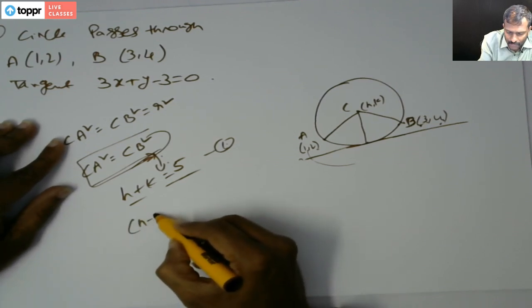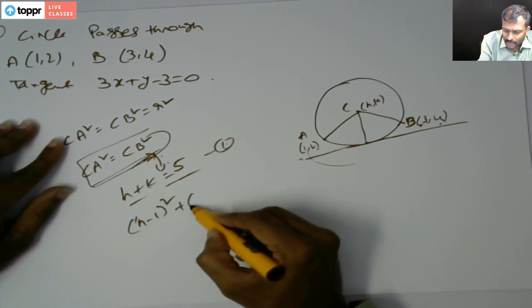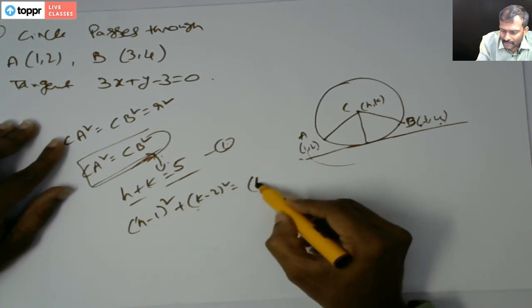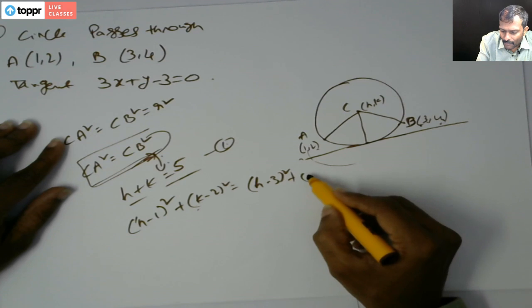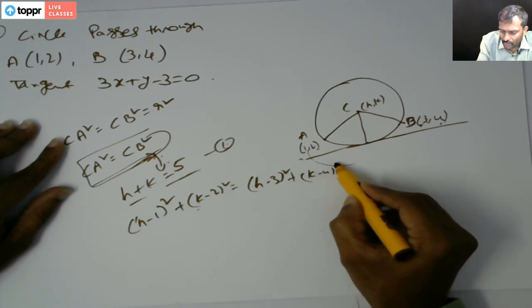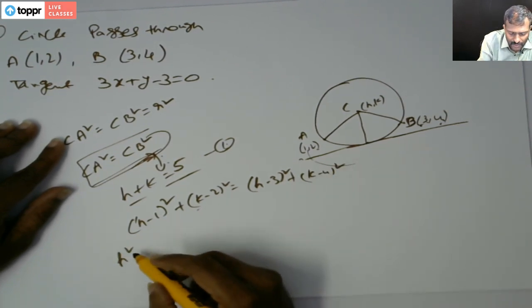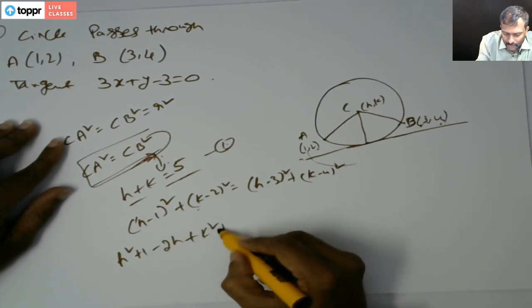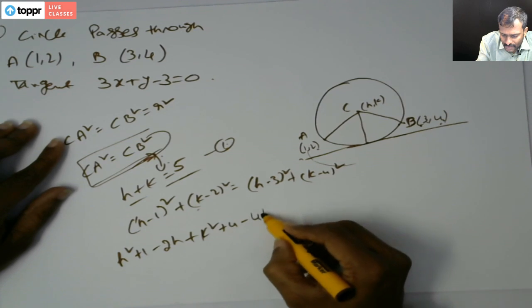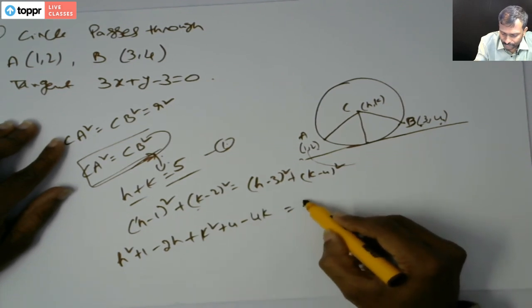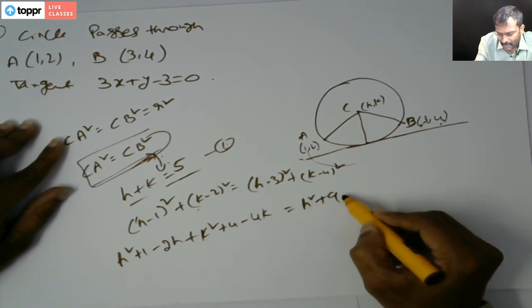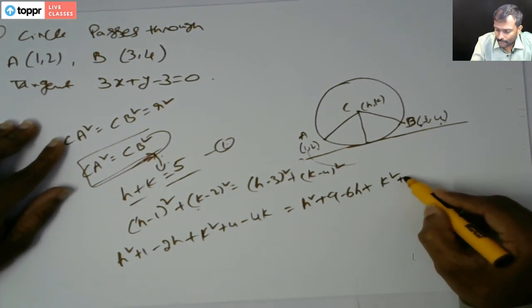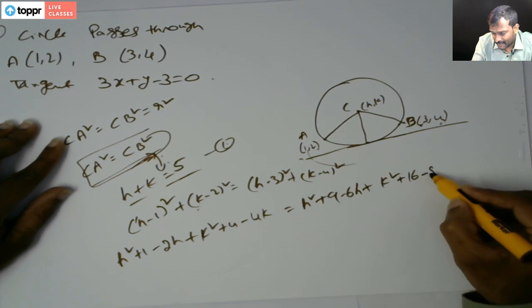It will be (h minus 1) whole square plus (k minus 2) whole square is same as (h minus 3) whole square plus (k minus 4) whole square. So this is h square plus 1 minus 2h plus k square plus 4 minus 4k equals h square plus 9 minus 6h plus k square plus 16 minus 8k.